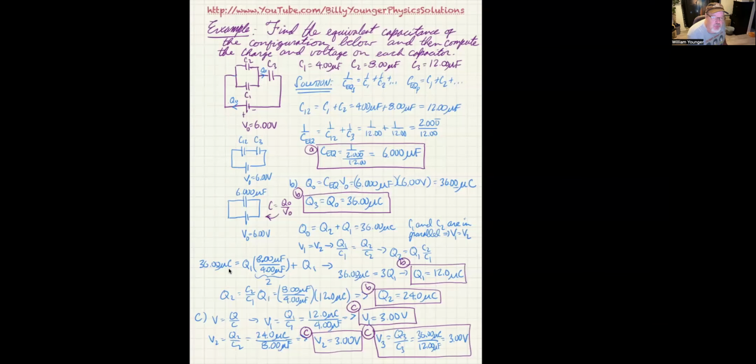The book did example 24-5, but it used different capacitances. I think it used the same actual shape. I mean, I think the circuits were identical, except that I used 3 different capacitances, and the book used 3 that were identical. So I'm just going to say this is like 24-5.